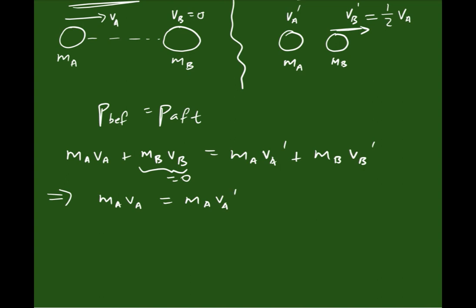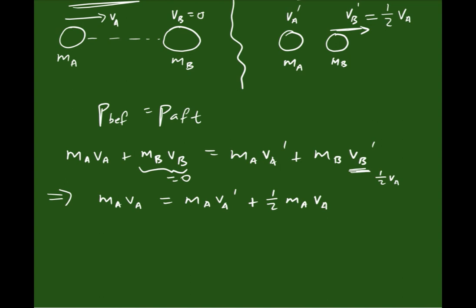and now we can replace VB prime with a half VA, as was given to us. So it becomes half MB VA. And now the thing is, we've got two unknowns.